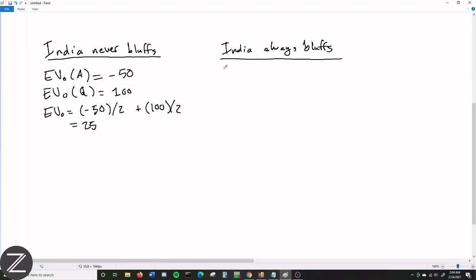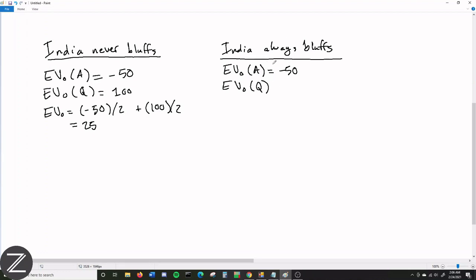Then over here, if India always bluffs, remember Oscar is still defending his king at exactly a frequency of 1/2. So the expectation of India's ace is still going to be -50. And then Oscar's expectation against India's queen.